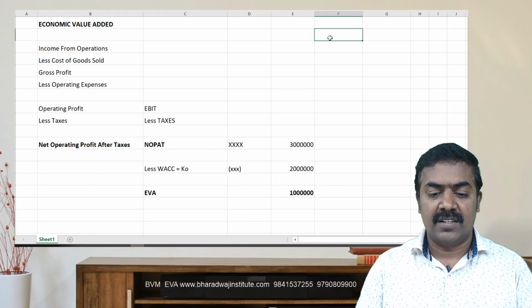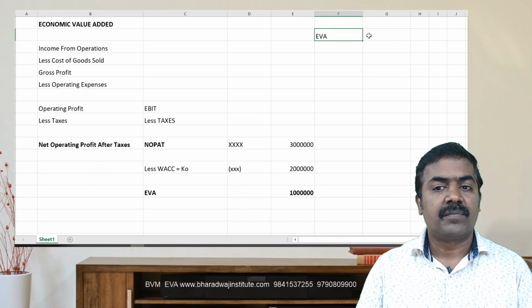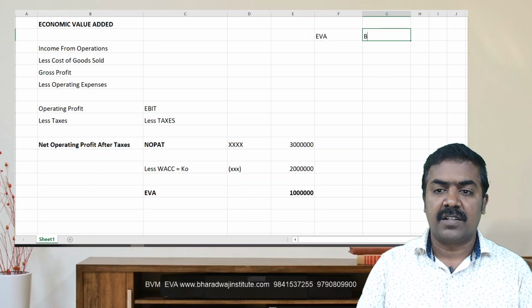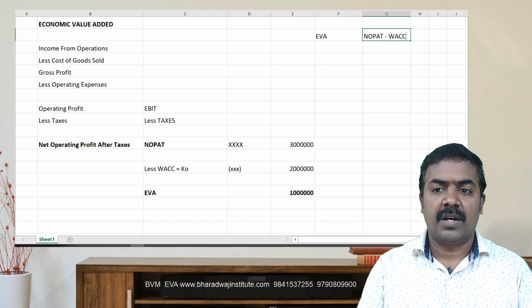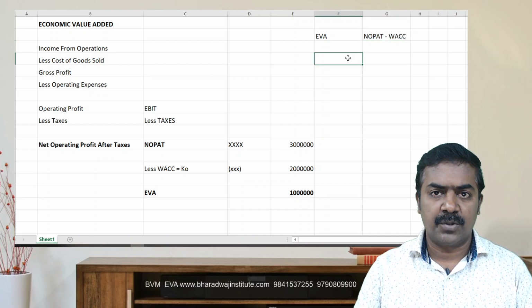So how to work out EVA, sir? There are two approaches. The first approach is what we discussed now: NOPAT minus weighted average cost of capital. This is the first approach.